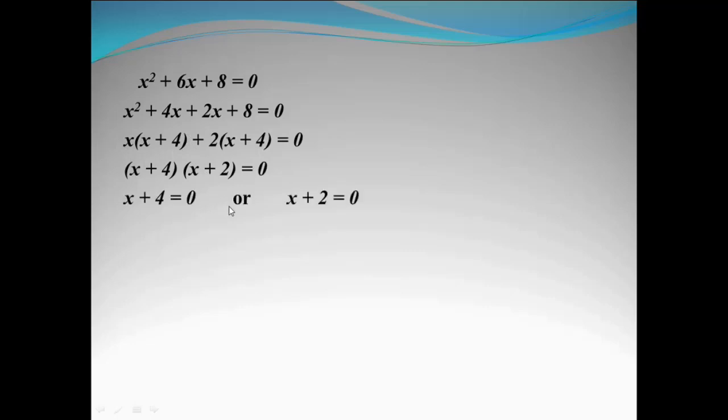Then we split the equation in this way. If two numbers are multiplied and the answer is 0, it means either the first term is 0 or the second term is 0. Supposing that the first term is 0, we find that the value of x is minus 4, or it's minus 2, depending upon which one of them is true.